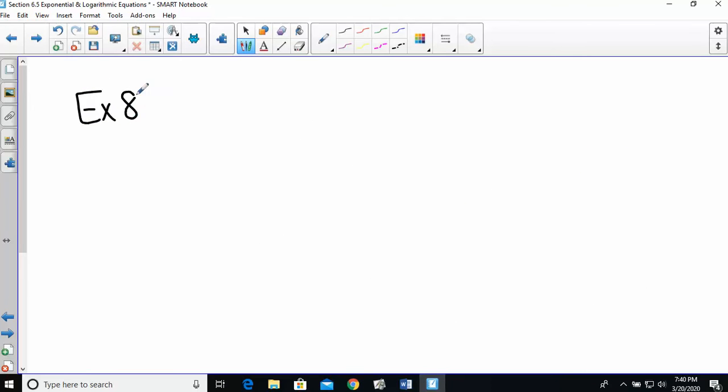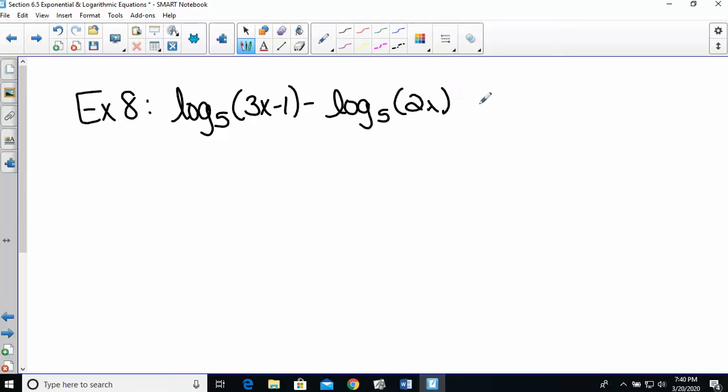Last example. So I need to combine this so I have one log on each side.